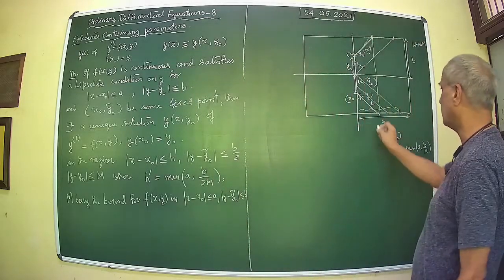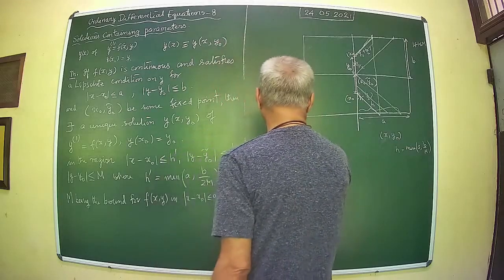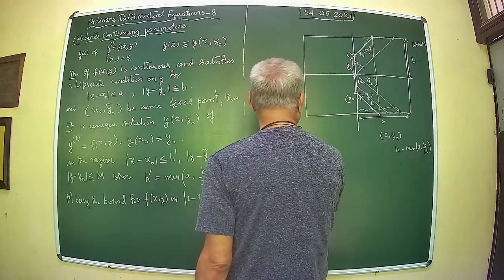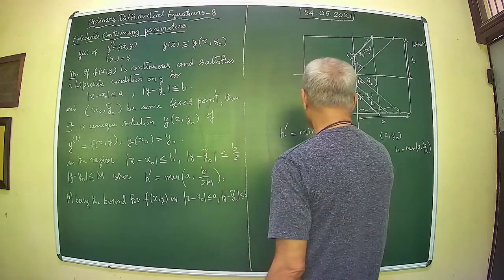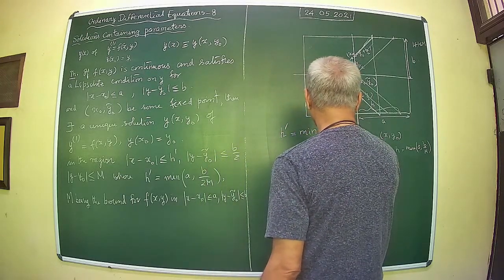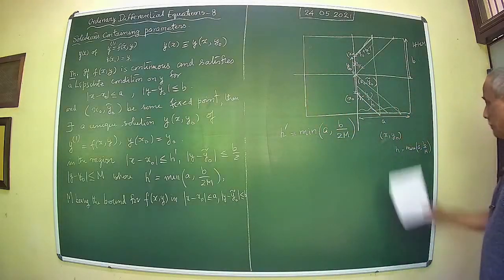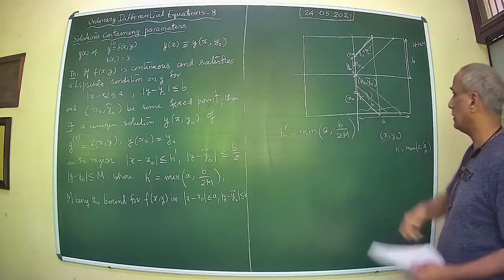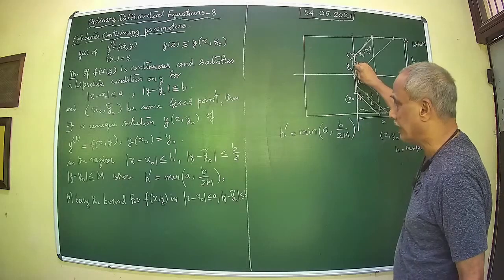So what is the h prime that you are going to have? What you get is that this h prime is equal to the minimum of, we are giving an estimate, a and so on. Depending on y naught, suppose y naught gets closer and closer to y naught tilde, then what happens?